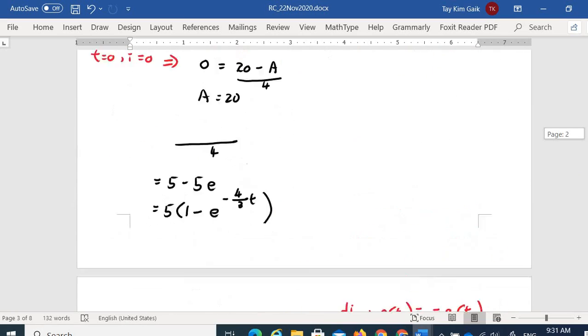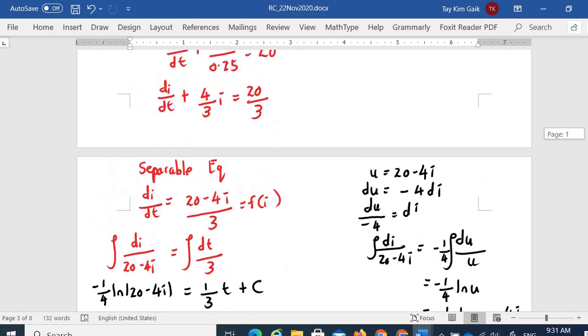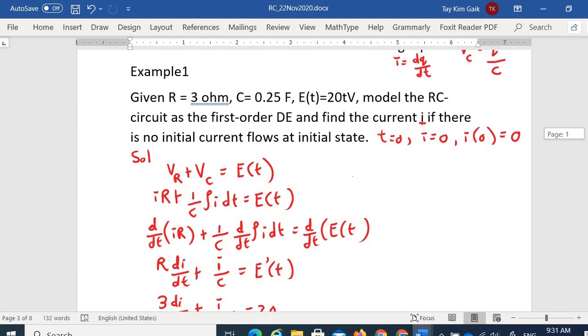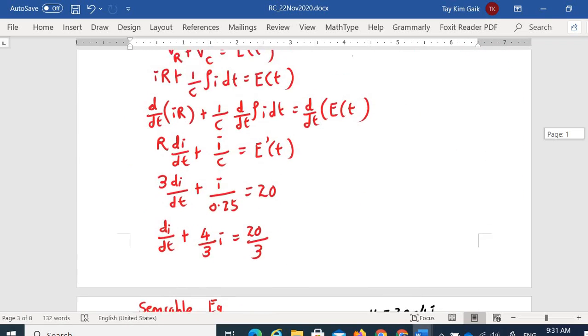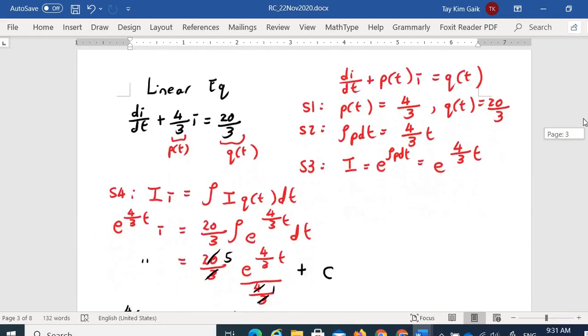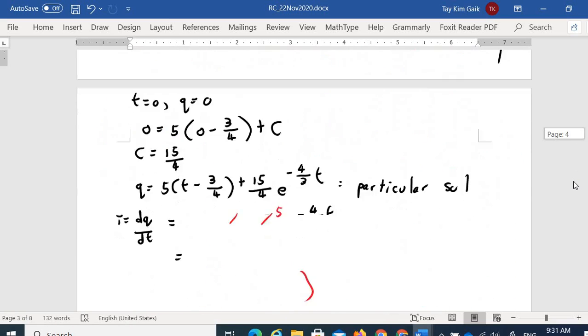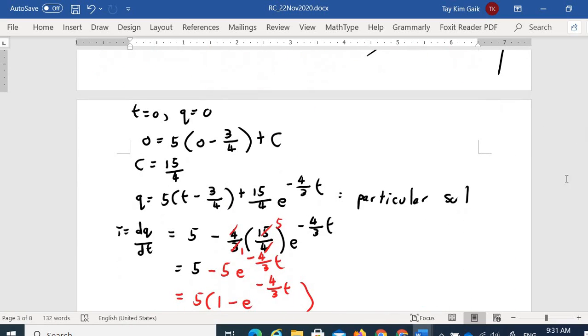So for the same RC circuit, if we want to find the current I, straight away you model it in terms of I. If you want to solve in terms of charge Q, you model it in terms of Q. But after we obtain the Q, I purposely want to check whether the Q that I obtained is correct or not.